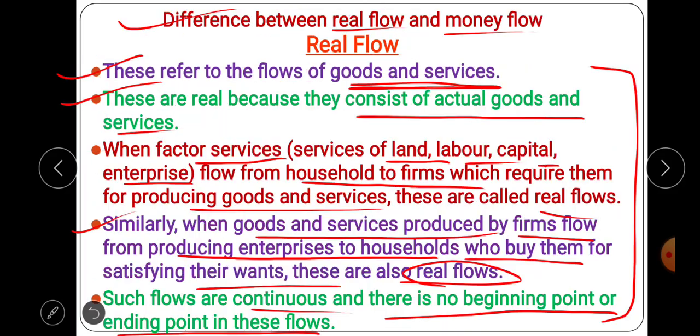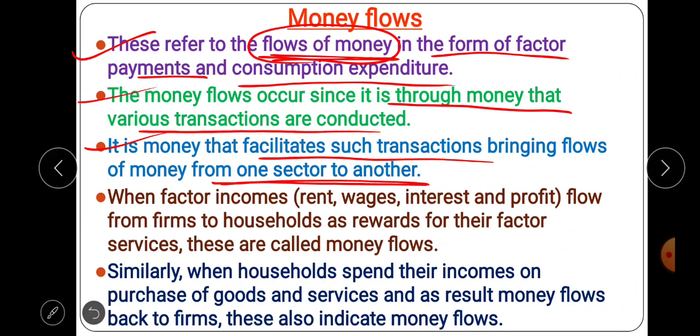As we have discussed in case of the real flow, where we consider the factor services, that is land, labor, capital and enterprises, those factor services are transferred from household to firm. But in case of the money flow, these factor incomes, that means for the land, the rent is given by the firm to the households.